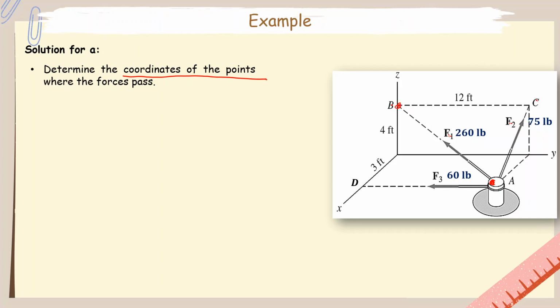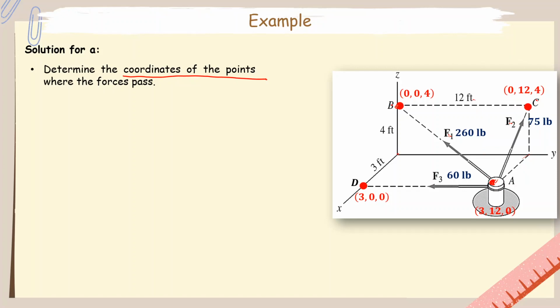So, kunin natin yung mga coordinates ng kada points. So, point A, ano ang coordinates ng point A? So, dapat master na natin to. X value 3, tama? Y is 12, the Z is 0. Bakit siya 3 ang X? Kasi 'di ba 3 parallel to x-axis, 12 parallel to y-axis, wala kasi sa origin siya, 0 sa z.